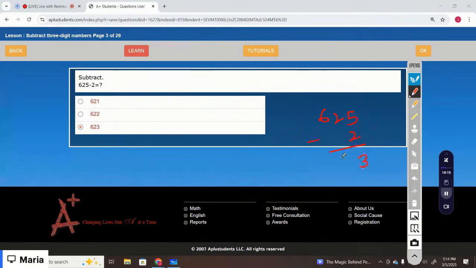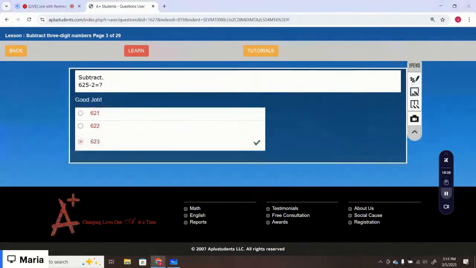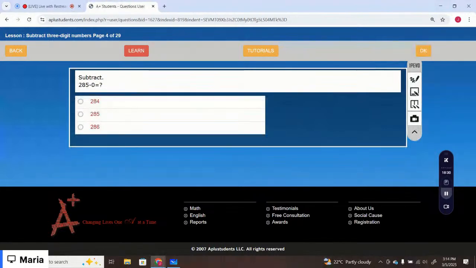Subtract the ones. 5 take away 2 is 3, so you are left with 623. Next, 285 take away 0 is 285.